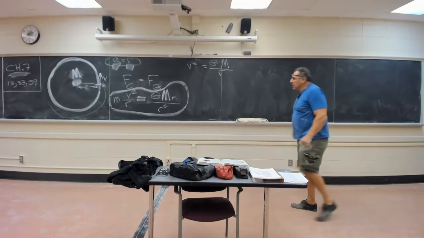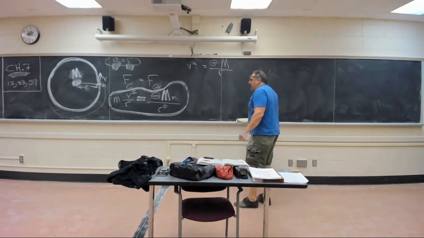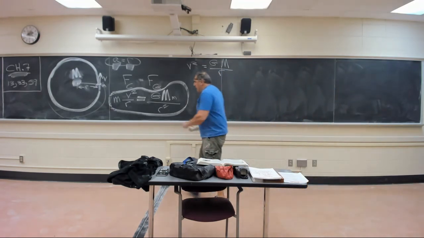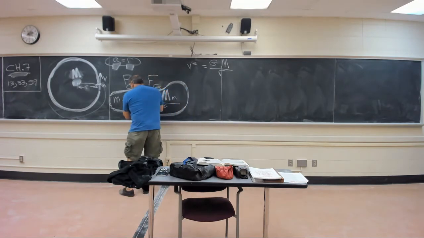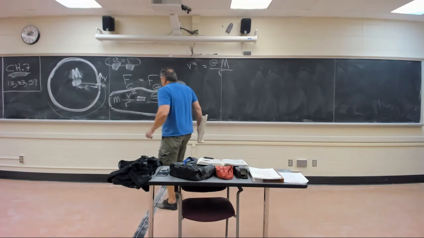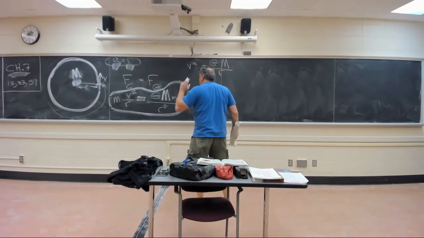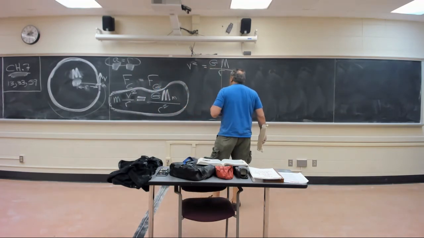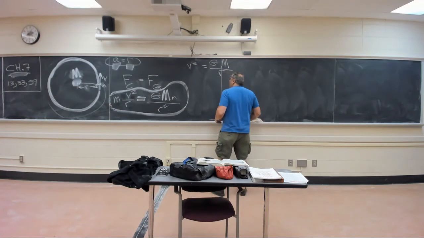Yeah, it looks good to me. I divided by small m on each side, multiplied by r on each side, and I got that. May I ask you some more questions?